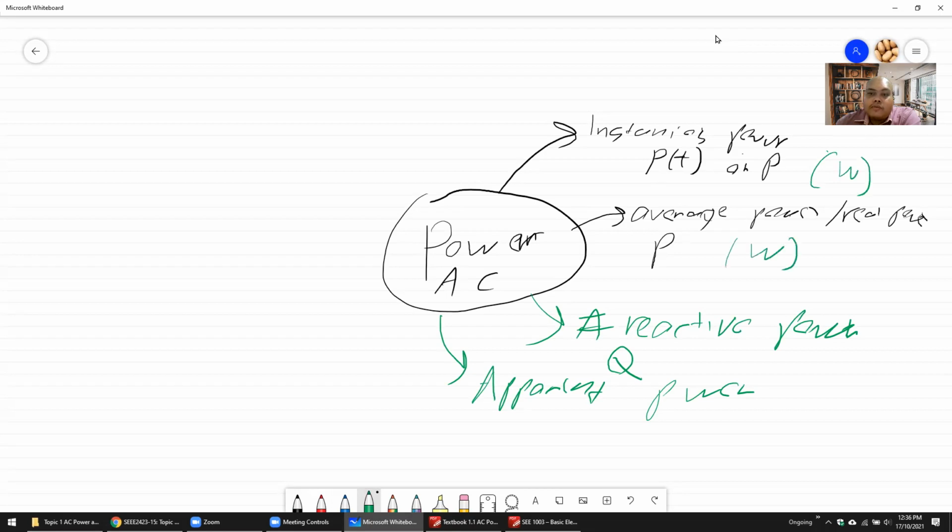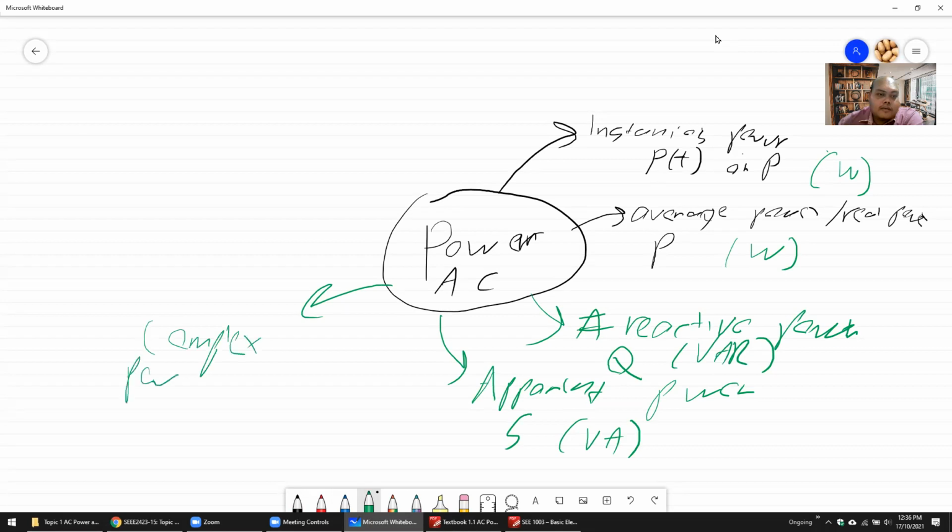Reactive power uses the unit VAR. Apparent power, we usually call it S, and the unit is VA. And then you have complex power. So basically you have five powers.